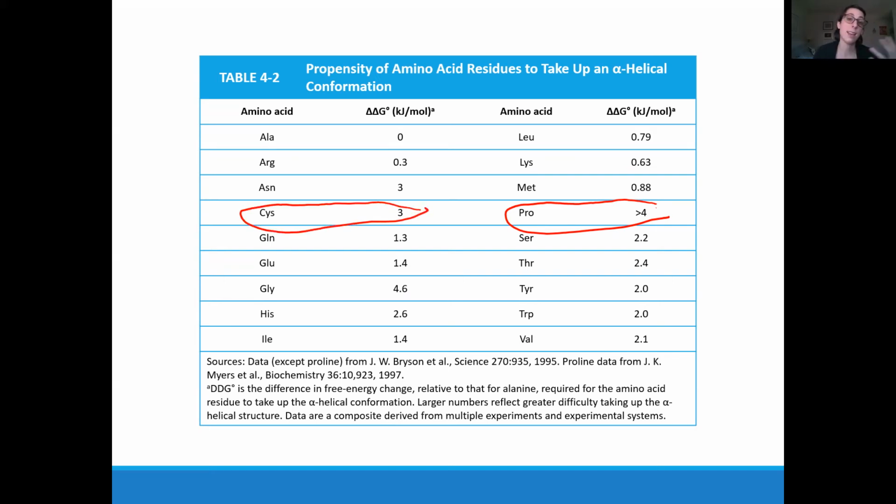So cysteine is less likely to actually form in an alpha helix, and that's because of its R group. Things like arginine are good alpha helix stabilizers, lysine even, and leucine. So things can be nonpolar, they can be charged. There are various types of R groups that can exist that still help stabilize an alpha helix. But depending on where they are and just generally what type of amino acid they are, it can affect the ability of that alpha helix to form.